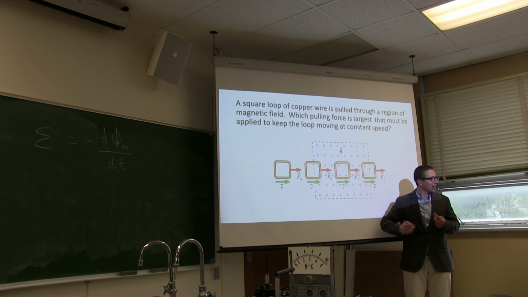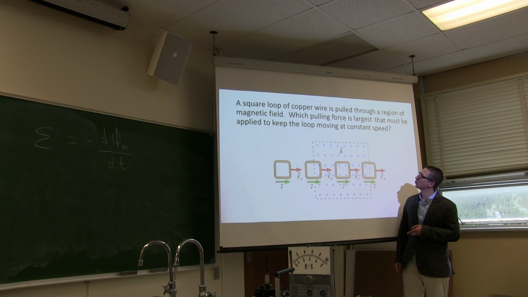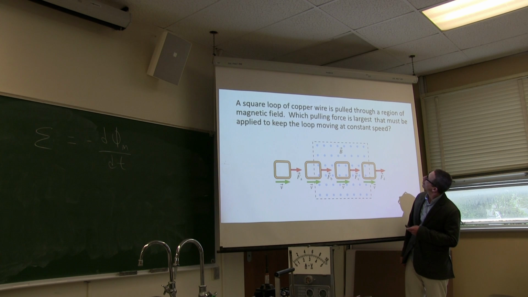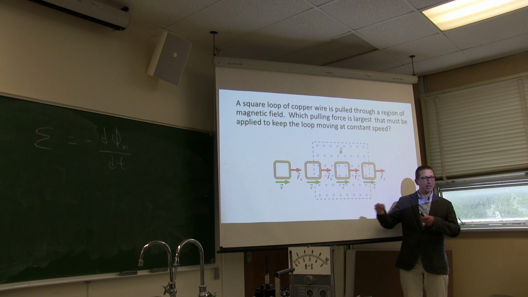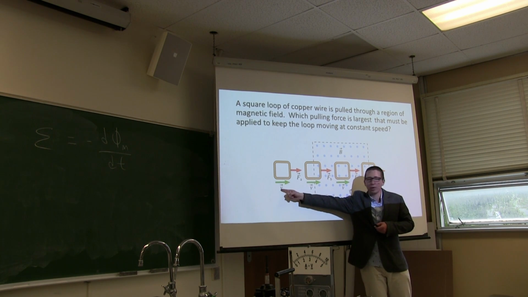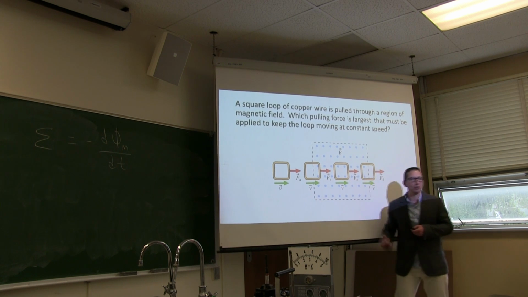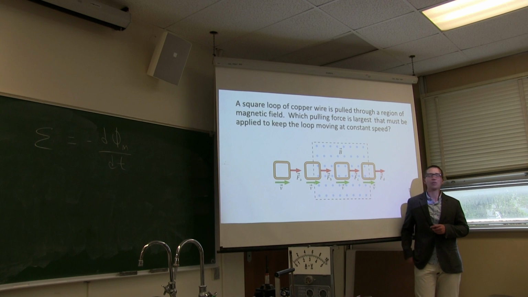That force is going to change depending on where the loop is located. The question is, which pulling force is largest that must be applied to keep the loop moving at constant speed? Where am I pulling the loop the hardest if I want to keep it moving at the speed it starts out with? It always has the same speed. Let's take a moment and think about this quietly.